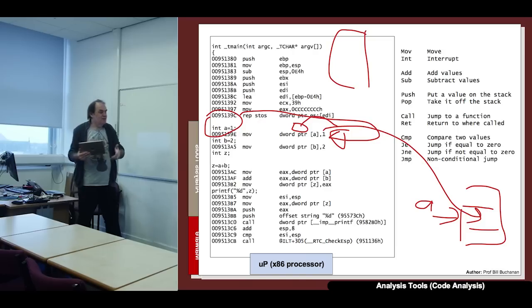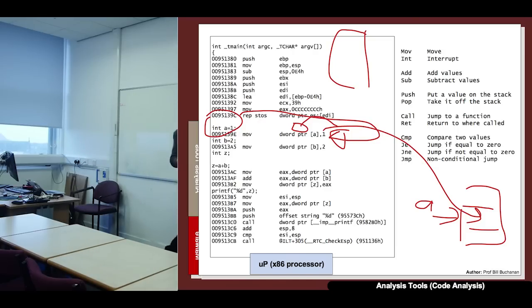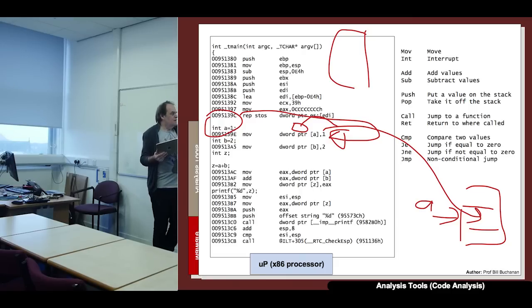That was AH and AL. So we put A into EAX, and then we add the contents of B. What will the value of EAX be before we execute this statement? What was it? A, which is 1. Now execute, and the value of EAX will be, what was it? 3, okay?